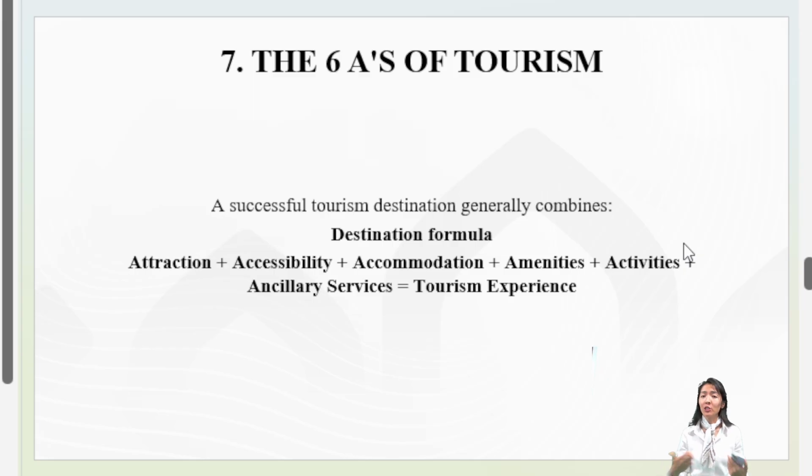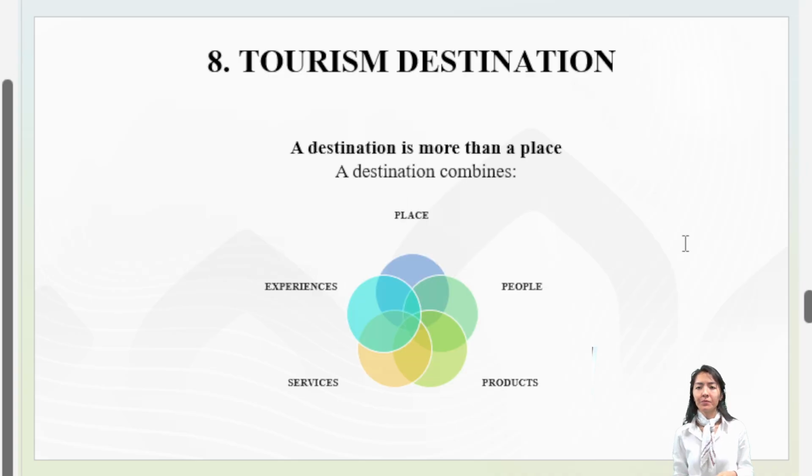Amenities are additional services and also different events, even coffee shops. Then activities and additional services, which means different services that will attract tourists. All together this will be the tourist experience.